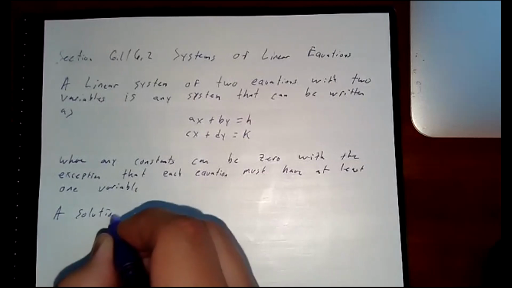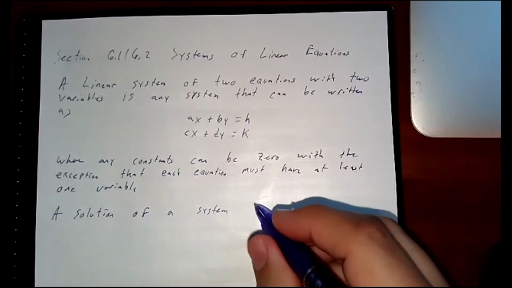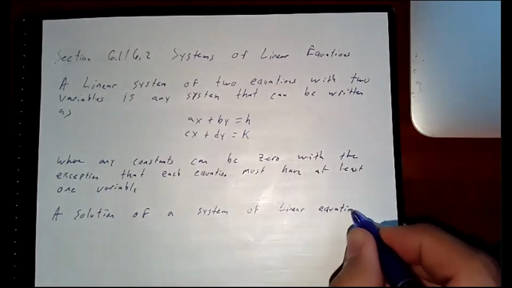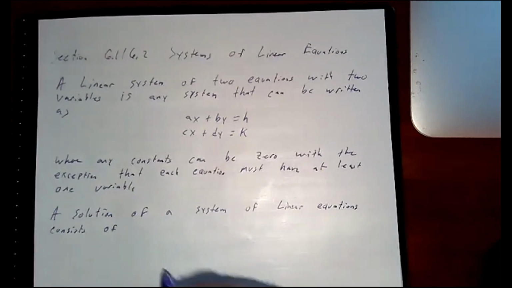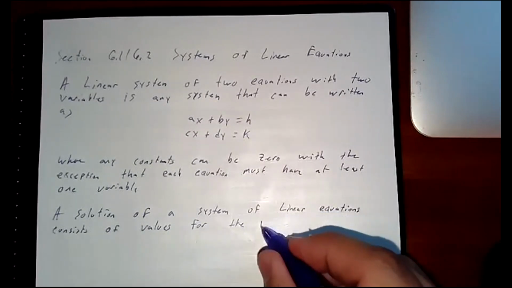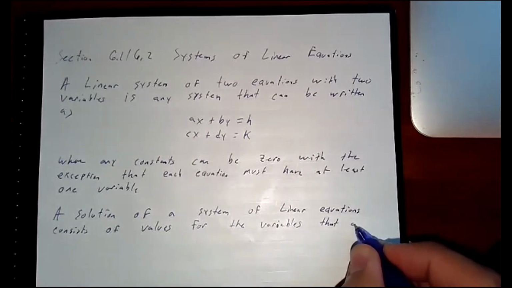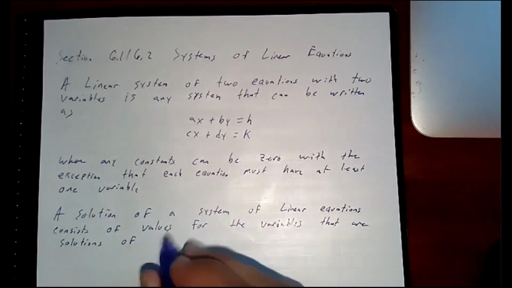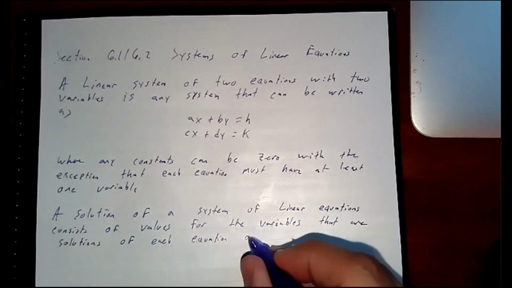A solution of a system of linear equations consists of values for the variables that are solutions of each equation of the system.